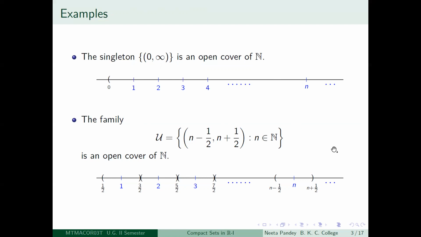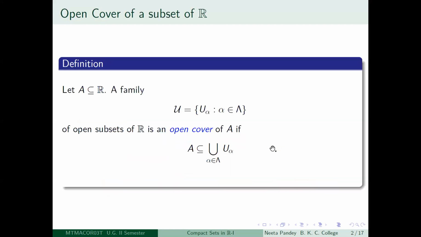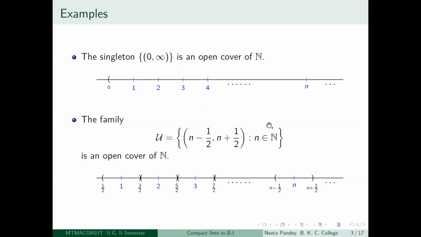Similarly, let us look at another example. So you have these numbers 1, 2, 3, etc. That is the set of positive integers. Now you look at the open intervals n minus half to n plus half, where n is a positive integer. So now you're getting a family of open intervals, and here your index set, which was lambda in the general definition, is the set of positive integers.